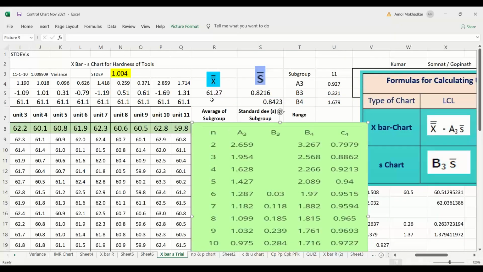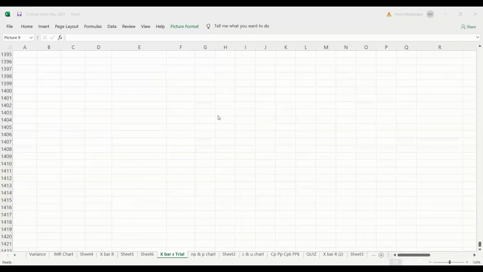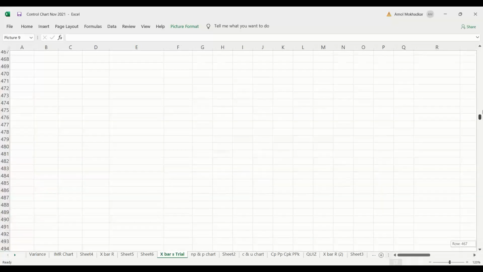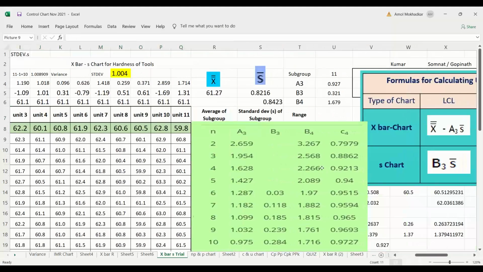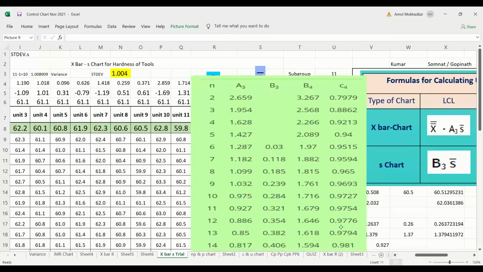Have you calculated what value you are going to take? Sorry, there are 11 subgroups. The subgroup size is 11. So that's why you are going to use the C4 value of 0.9794.